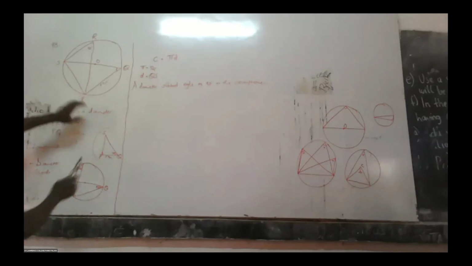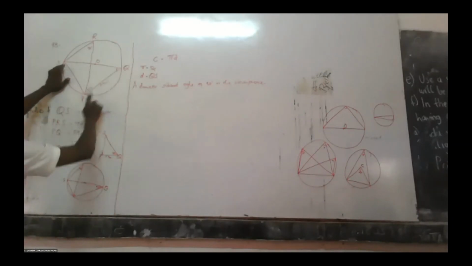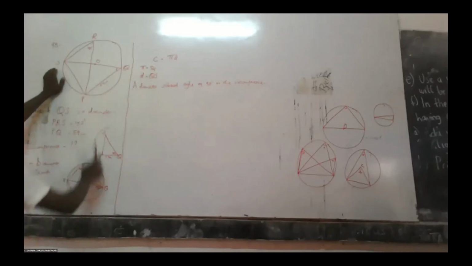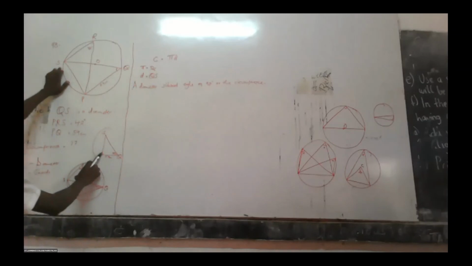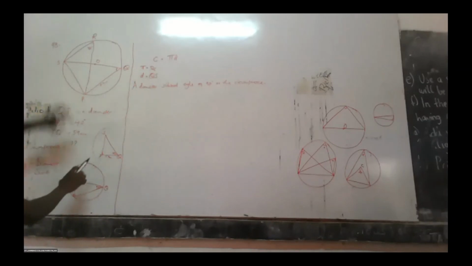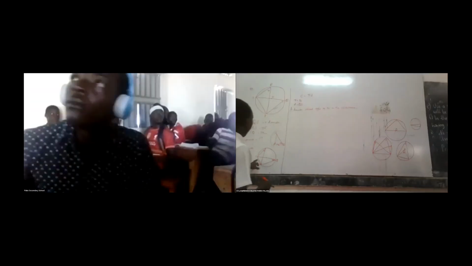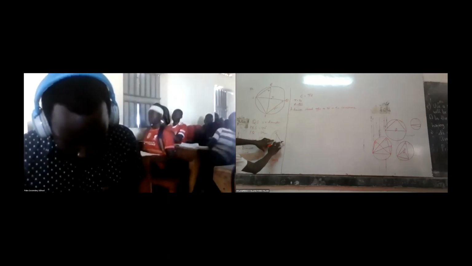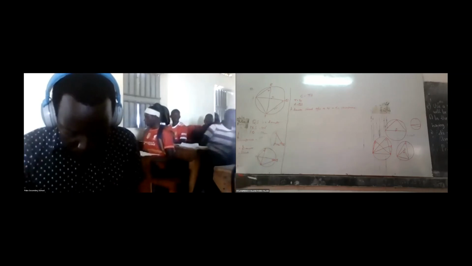So this is where we are going to get our right angle triangle, this one here. Now we know that angle PQS is what? 90 degrees. So from there you state another property that brings you to this, where we shall get our angle SPQ.